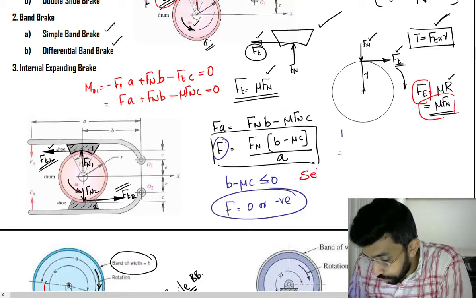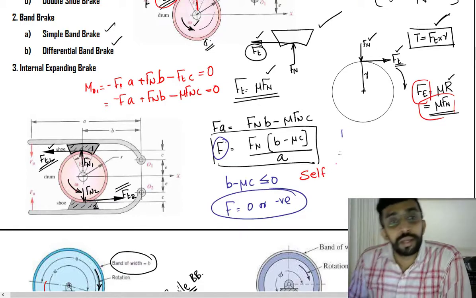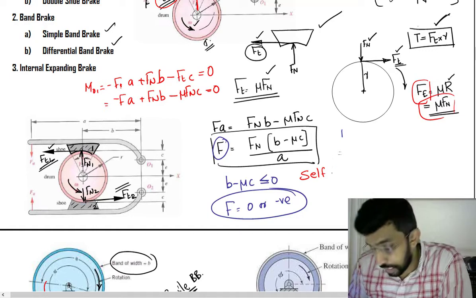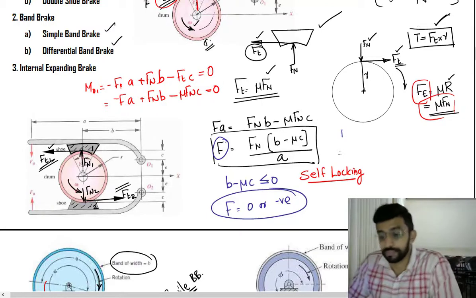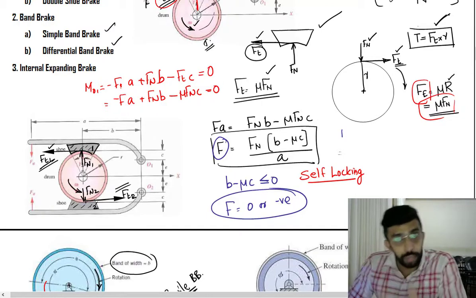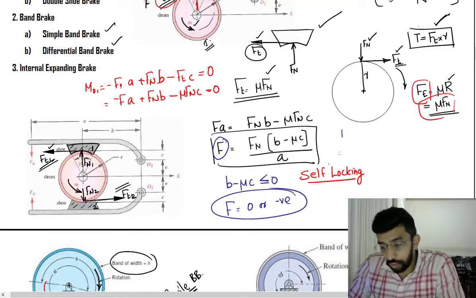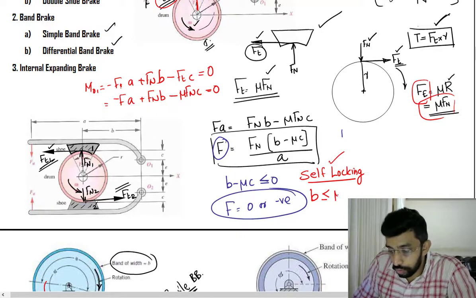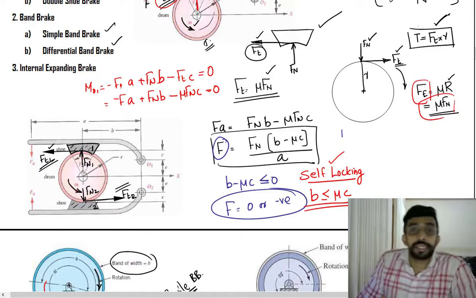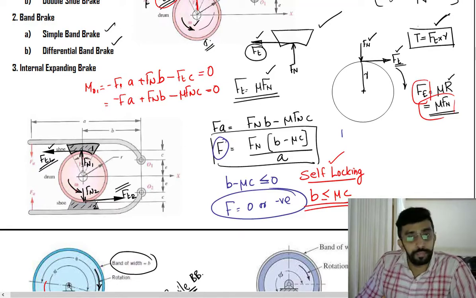The most important definition you should understand: self-locking. So you may be asked to find out the condition of self-locking. The condition is that B should be less than or equal to mu C. This is the self-locking condition.